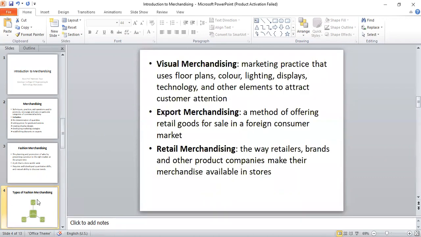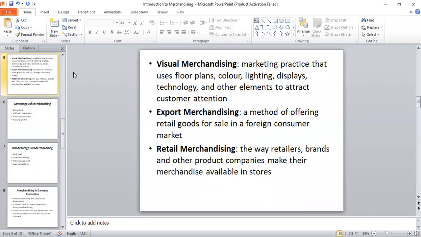The next is visual merchandising. Visual merchandising is a marketing practice that uses floor plans, colors, lighting, displays, technologies, and other elements to attract customer interaction.